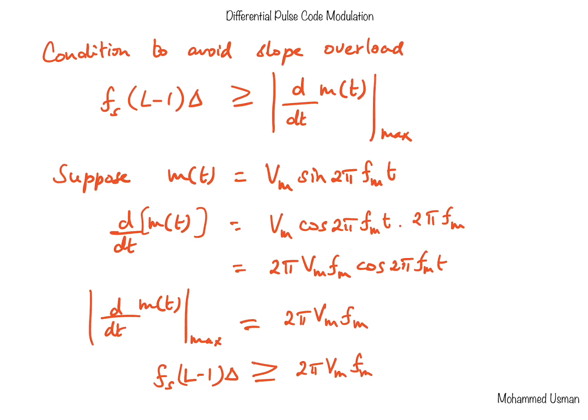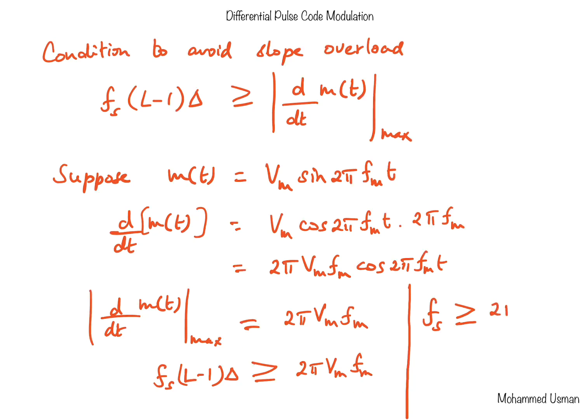So in this equation, the number of quantization levels and the step size delta will remain fixed. That's not going to be changed. So we'll end up getting Fs to be at least, we are going to take L minus 1 and delta to the other side.